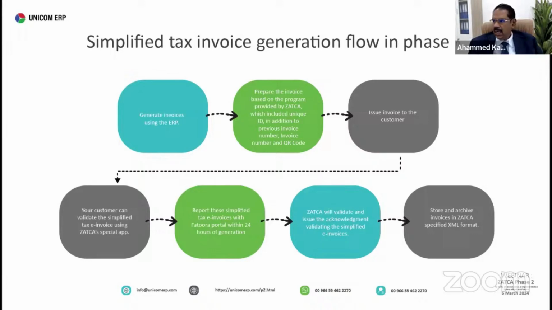Such invoices are then verified by ZATCA, and any gap with regards to compliance, they will inform back to the business organizations and they have to correct those requirements. But please note that the upload is done after the issue of the invoice. That is the main difference between the tax invoice and the simplified tax invoice.